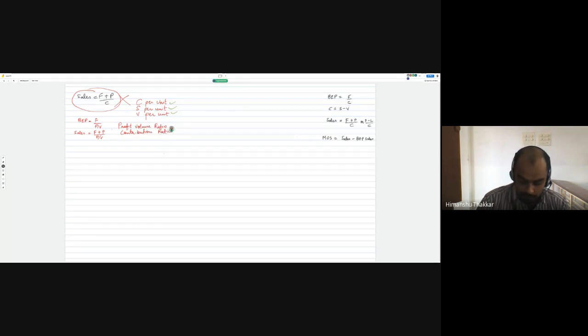So how do you find out contribution ratio? For contribution, your formula was S minus V. So your PV ratio, or you can say contribution ratio, is equal to S minus V upon S. I hope you have understood this PV ratio.